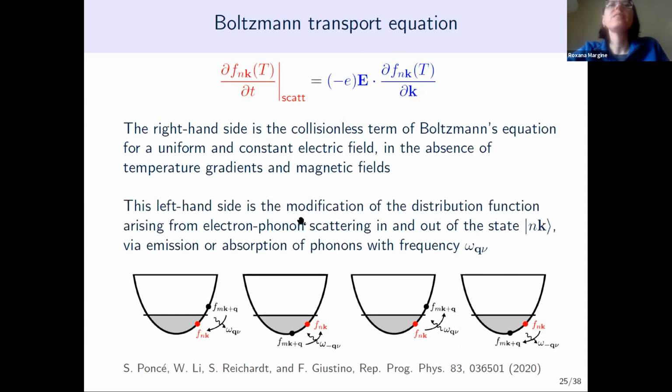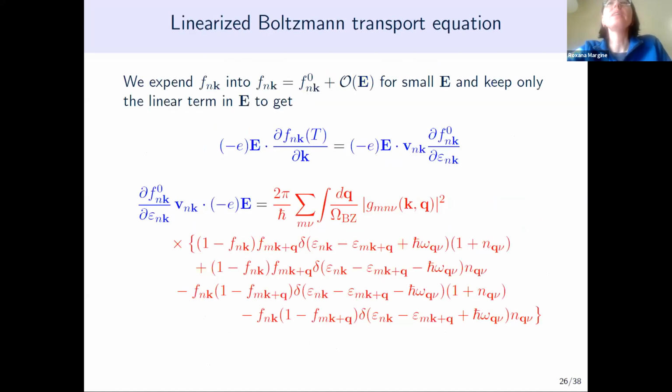And the left-hand side is the modification of the distribution function arising from electron-phonon scattering in and out of the state nk via the emission or absorption of a phonon with frequency omega_q. These scattering processes are shown diagrammatically in these figures below. So now this quantity can be computed starting from the DFT.